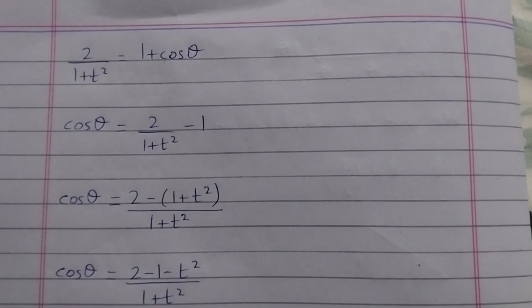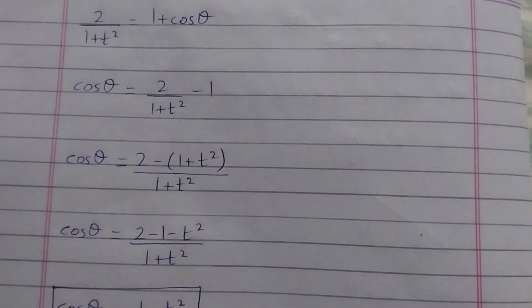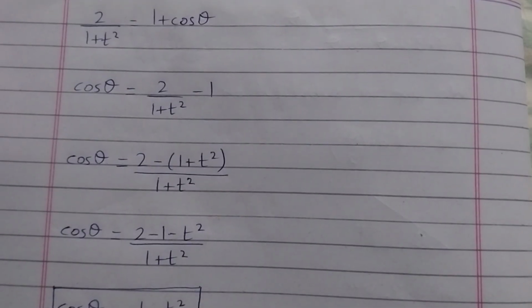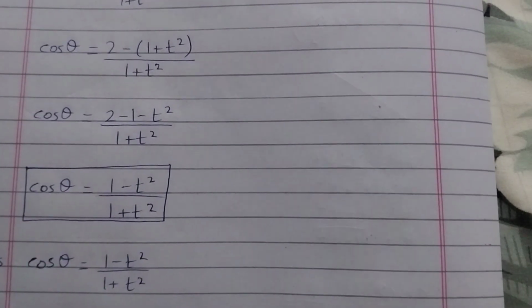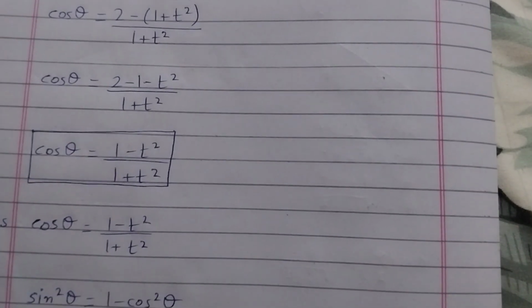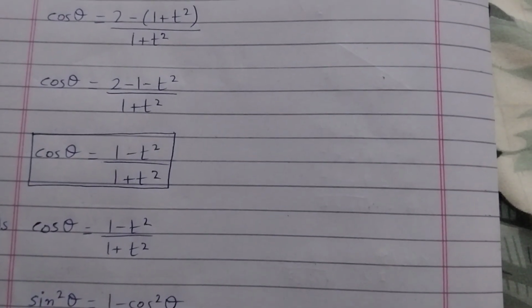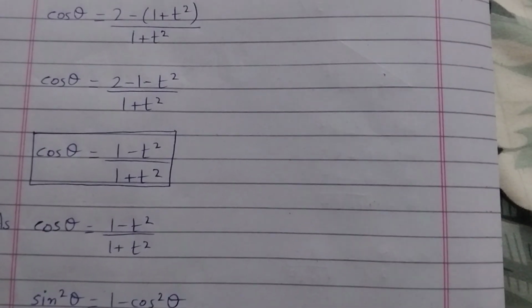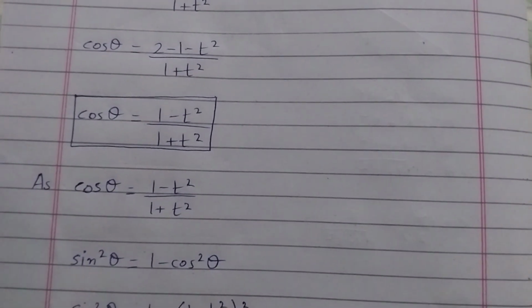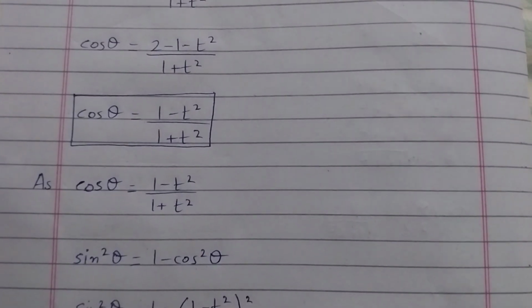So this negative sign will distribute and it will give us 2 minus 1 minus t squared, and we are left with cos theta is equal to 1 minus t squared over 1 plus t squared. So we have found the value of cos theta.